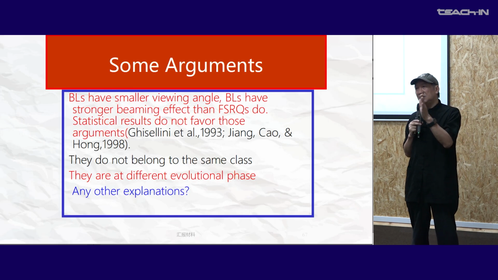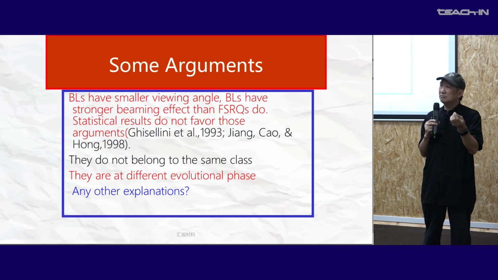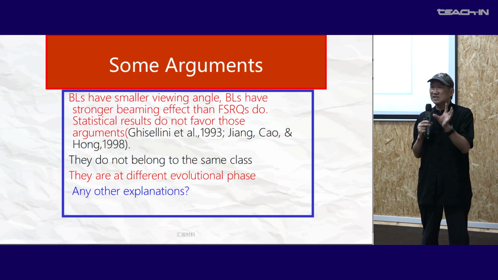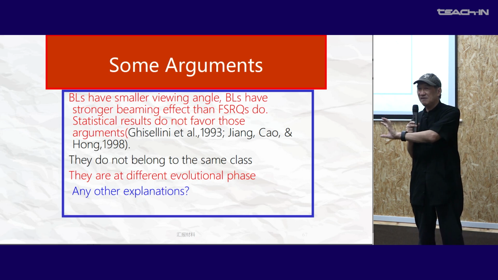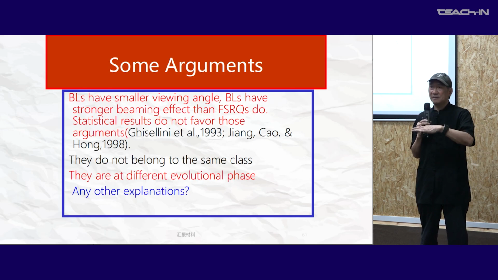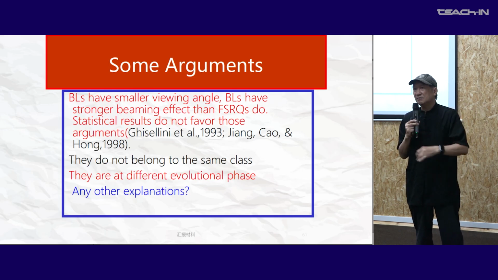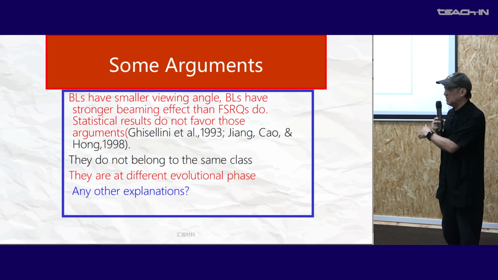If this is right, then the central black hole mass of BL Lac-like objects should be larger than that of FSRQs. But statistically, the black hole masses of BL Lac-like objects and FSRQs are almost the same. So we don't think there is an evolution process between BL Lac-like objects and FSRQs.